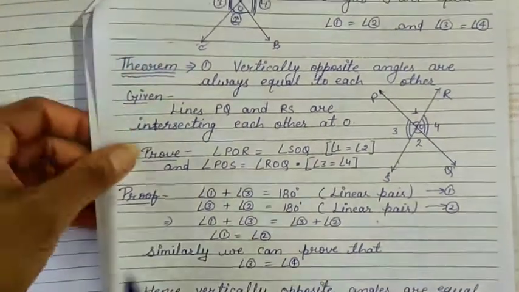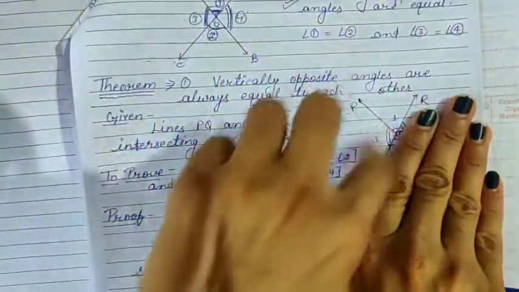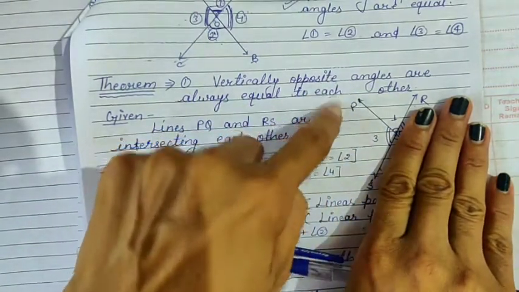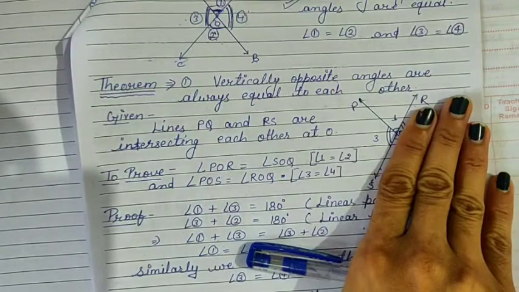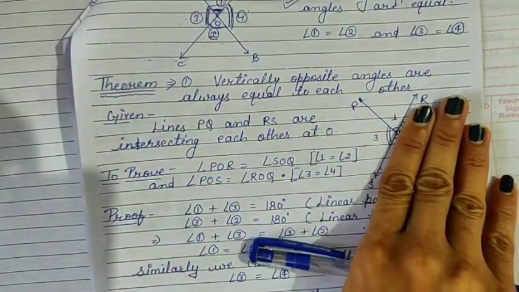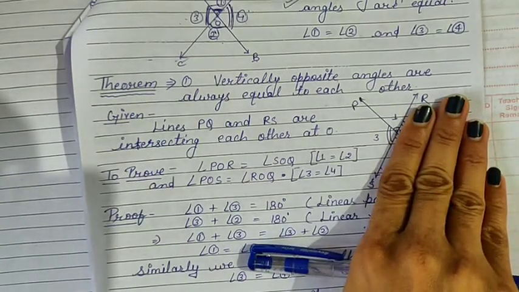Let's see the proof. Students, this is a linear pair of angles because they have a common arm, and its non-common arms are two different rays on opposite sides. So this is a linear pair of angles, and remember that the sum of a linear pair of angles is equal to 180 degrees.